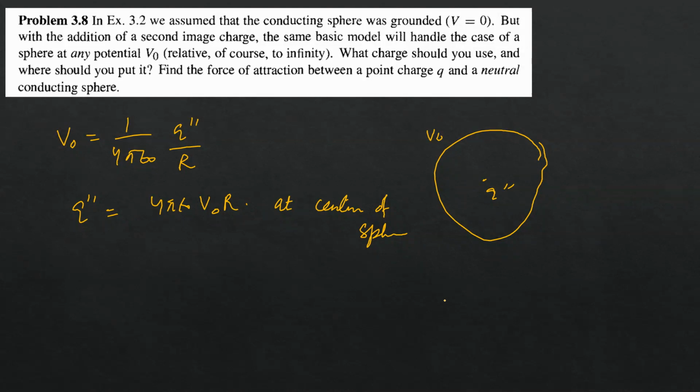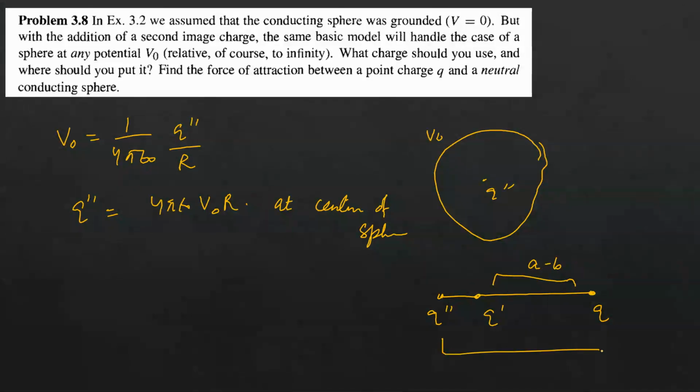Now see, this is your Q dash. There was another charge Q dash here, and this is the original charge Q, right? So we knew that, for example, this is your distance a minus b. The distance from the center was a, if you remember. So it is like this.